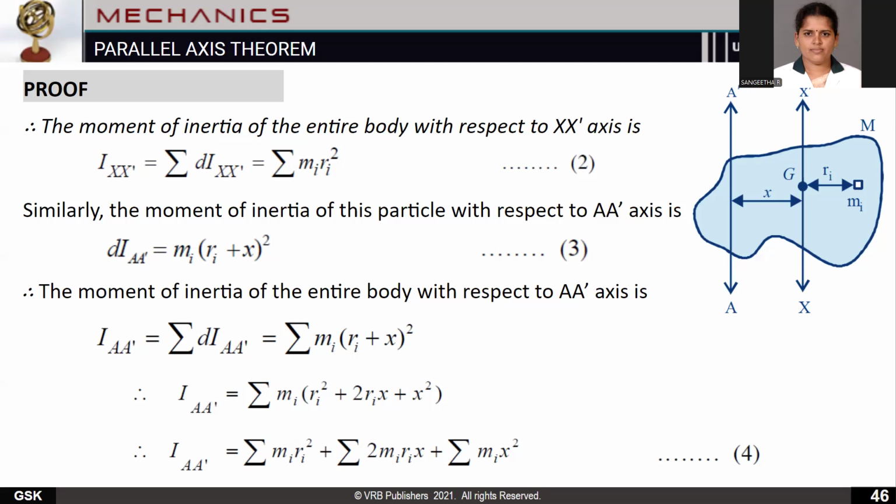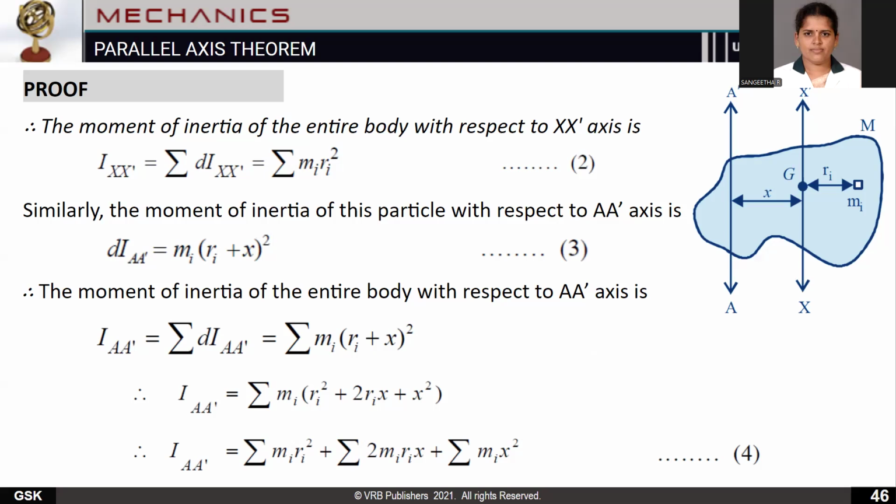What is the moment of inertia of this particle mi with respect to the axis A dash? The particle is at a distance of ri plus x with respect to A dash. So what will be the moment of inertia? I A dash is equal to summation of mi, and instead of ri we have to substitute (ri plus x) the whole square.